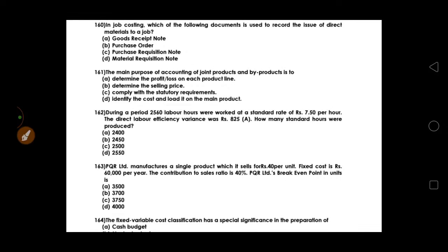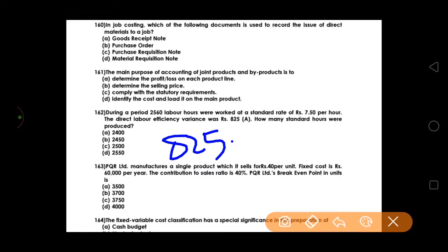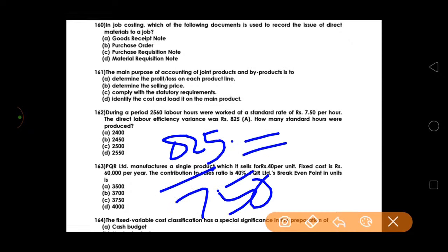So here we multiplied, question 161, labor efficiency 825. So 825 divided by 7.50. So labor efficiency rate equals, we got 25,450. So just calculate the numbers.